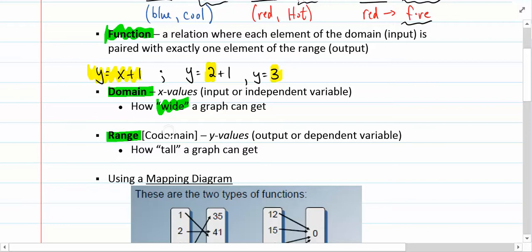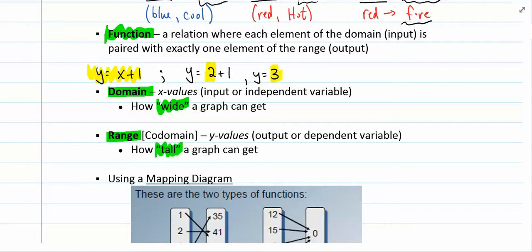The range, sometimes called codomain because it's affected by the domain values, is our y values of our coordinates. And this is what we call the output or dependent variable in a function. When we're looking at a graph, the height, or how tall a graph can get, is also represented by the range.